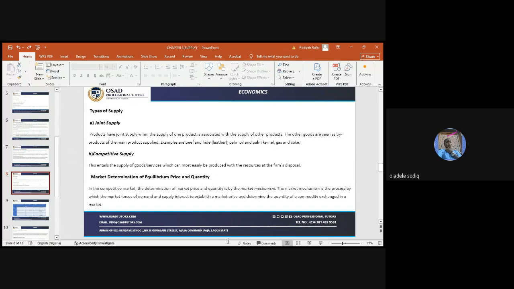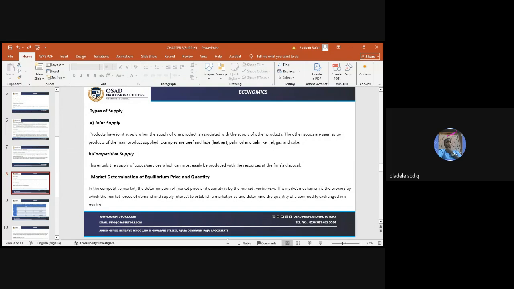Now let's look at market determination of equilibrium price and quantity. In the competitive market, the determination of market price and quantity is determined by the market mechanism. We mentioned this last week too. So what is market mechanism?